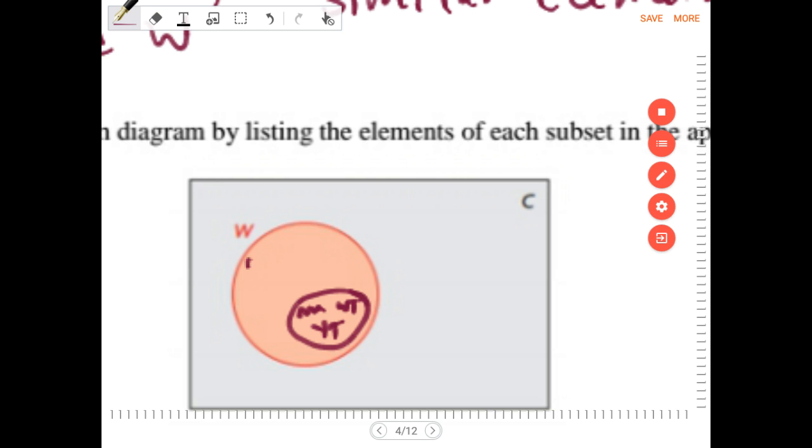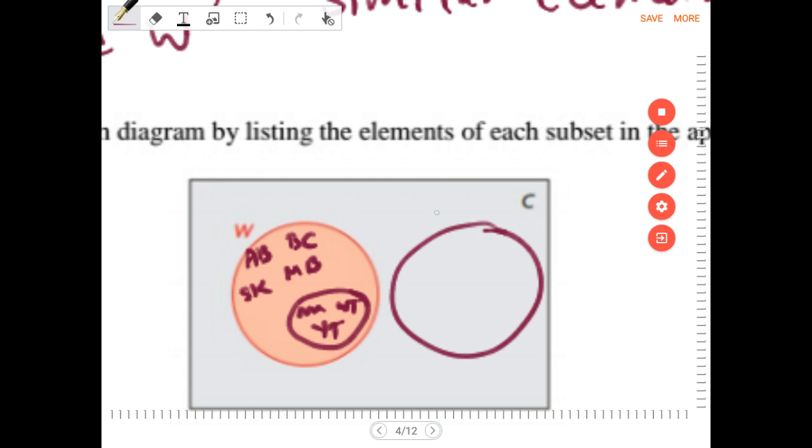And we also have Alberta, BC, Saskatchewan, and Manitoba. Okay, we'll draw another circle in here to represent W prime, and that's Ontario, Quebec, Nova Scotia, Newfoundland, Labrador, New Brunswick, and Prince Edward Island.